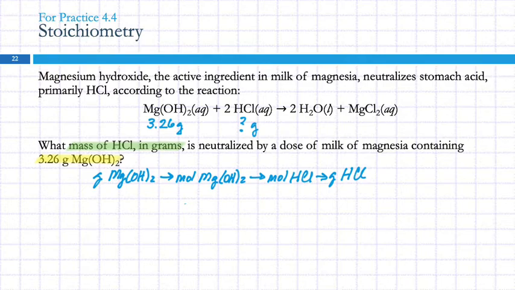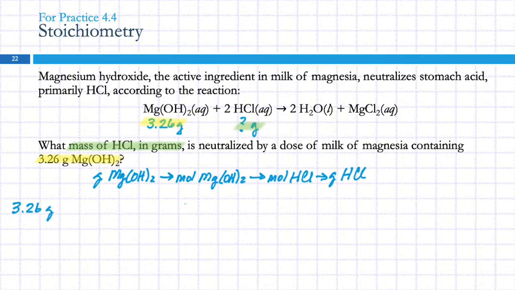So there I have what I'm looking for and what I'm starting with. Now the process is just like the previous one. We're going to write this out. We have 3 arrows. There's 3 conversion factors.